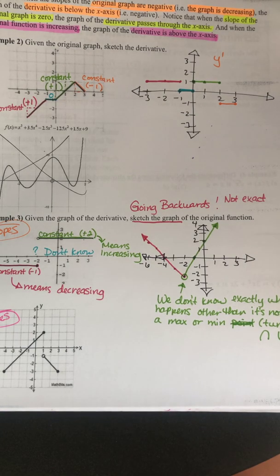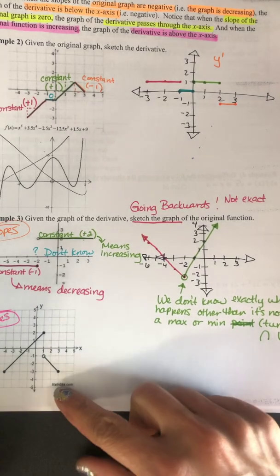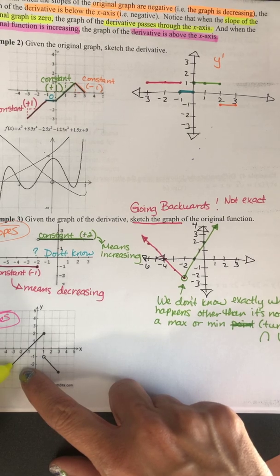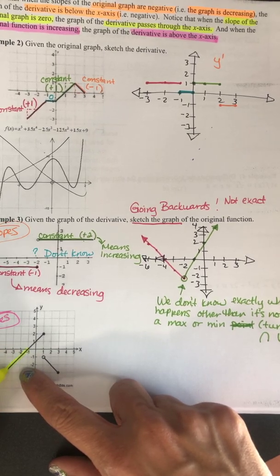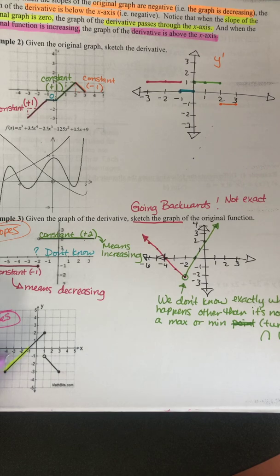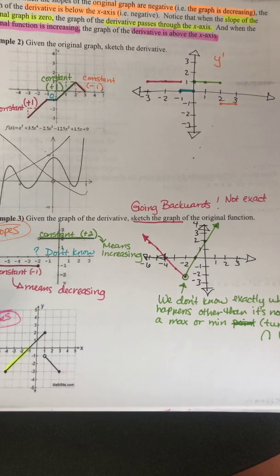Okay, so I'm noticing that we are in the negative. We're below the x-axis here. So that means that this part of the graph is where the slope is decreasing. And since it's not a flat line like it was up here, that means that the slope is not constant. It's not staying the same number. At -4, the slope is -3. At -3, the slope is -2. At -2, the slope is -1. At -1, the slope is 0.